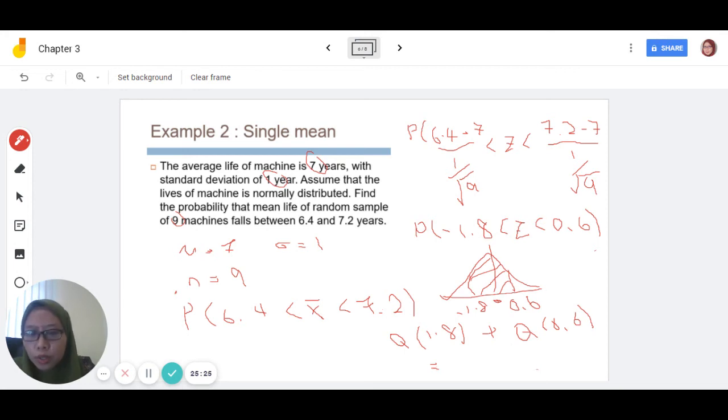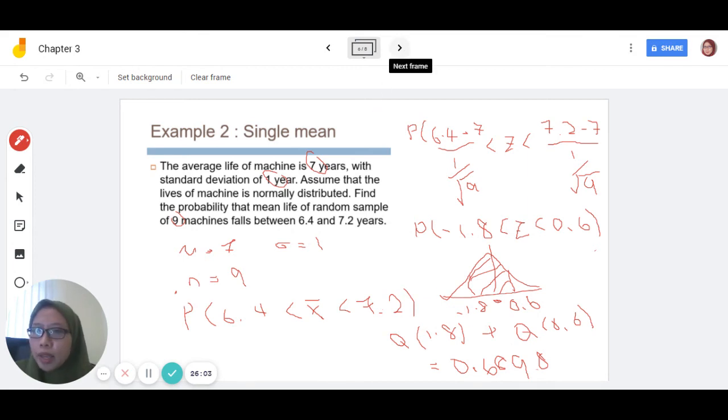So use Q, you get 1.8 plus Q 0.6, and then you get the answer, which is 0.6898. So that is the probability of having the life between 6.4 and 7.2 years. So that is for single mean.